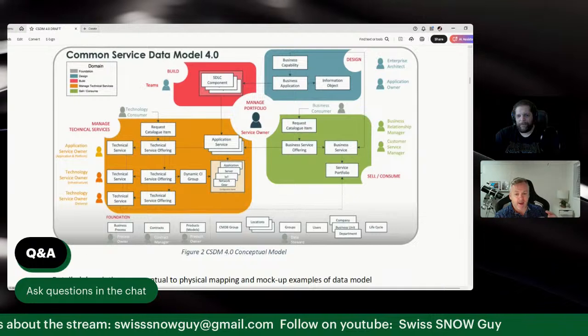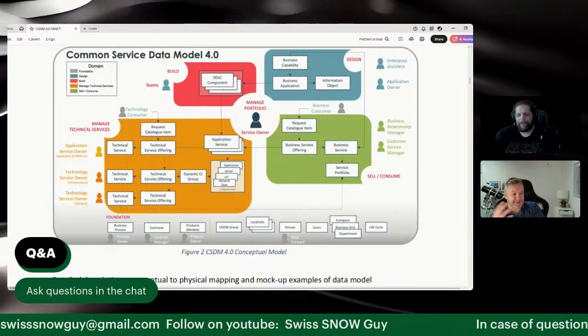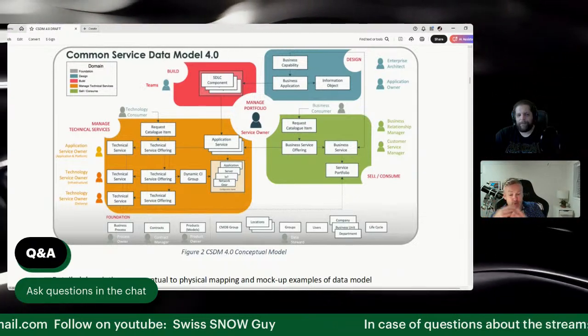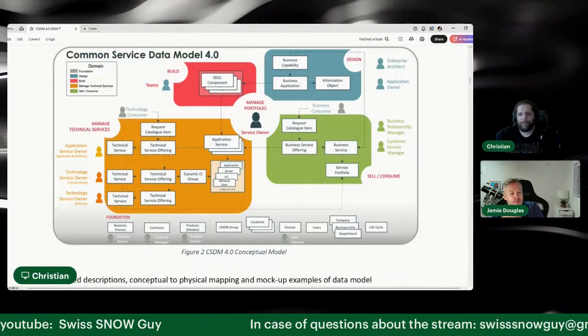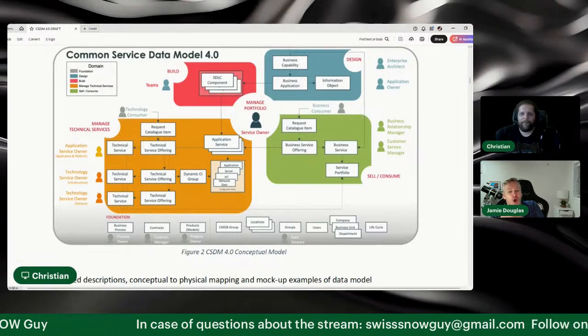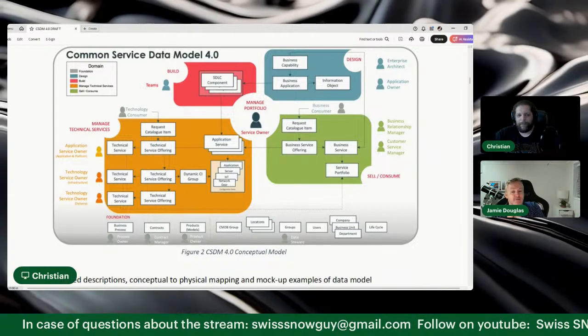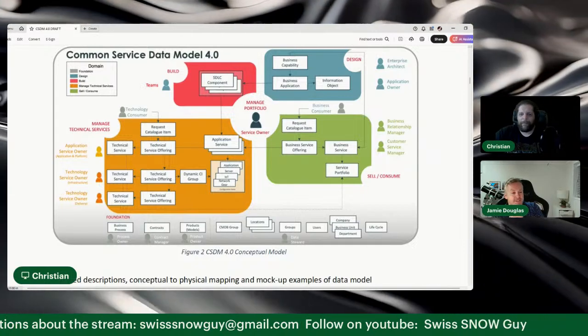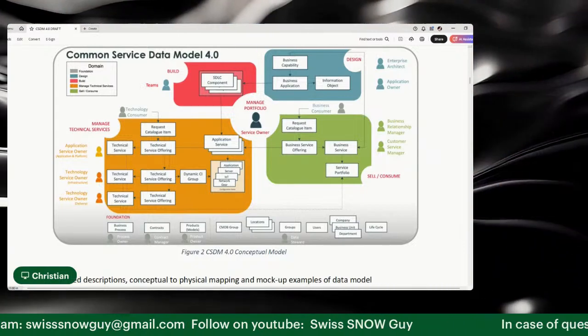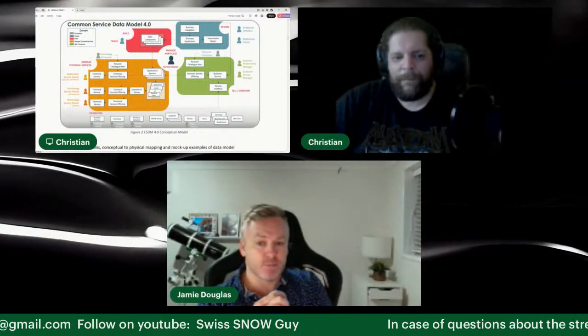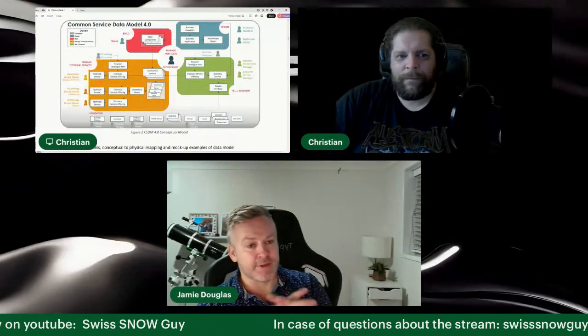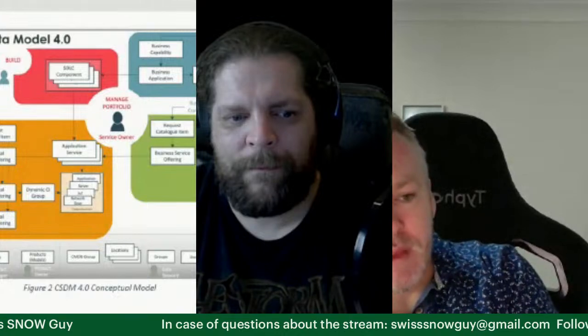They're really focused on that sell consume, right? So you've got to set that direction up front to determine whether we are going to waste our time trying to work out technical services and service offerings when this is an MSP and we're only really worried about that consume domain. So always set that direction.